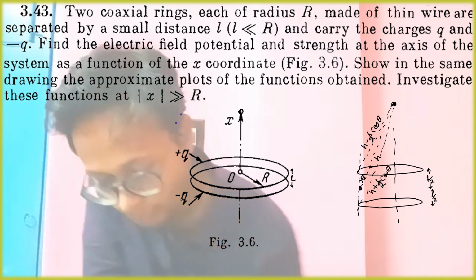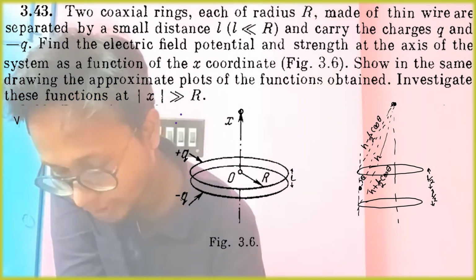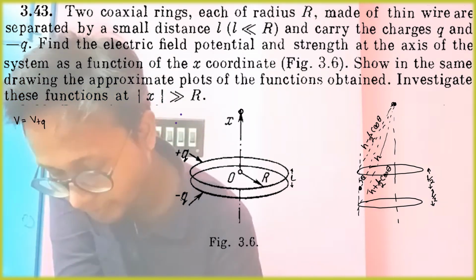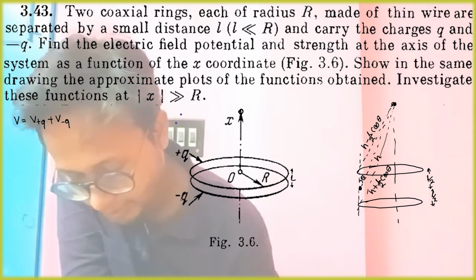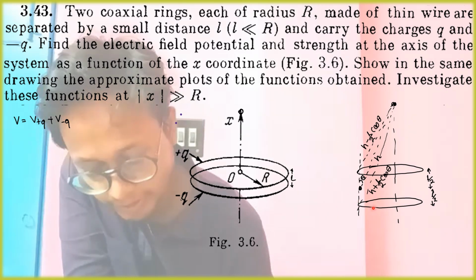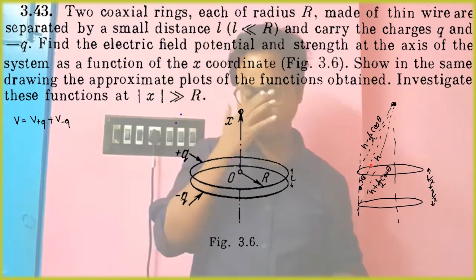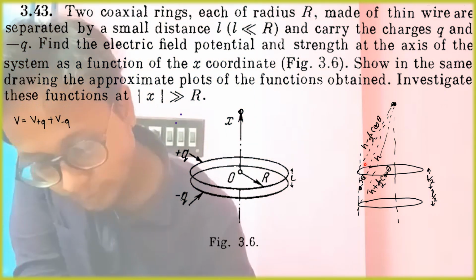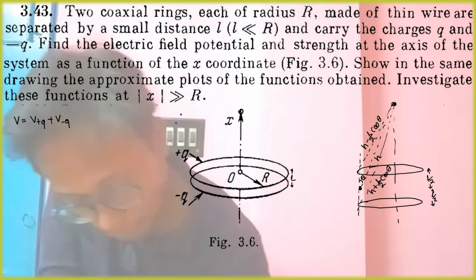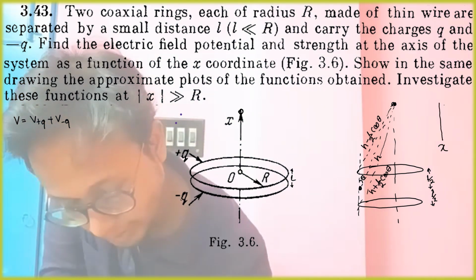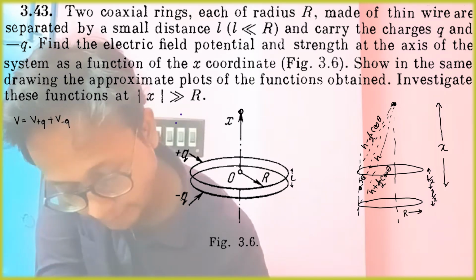So potential at this point X would be nothing but potential due to the positive ring plus potential due to the negative charge minus q. Out here this would come as negative because this ring has negative charge. Now see, potential due to a positive ring at point X, where X is taken from the center of these two rings, and R is nothing but the radius of the ring.